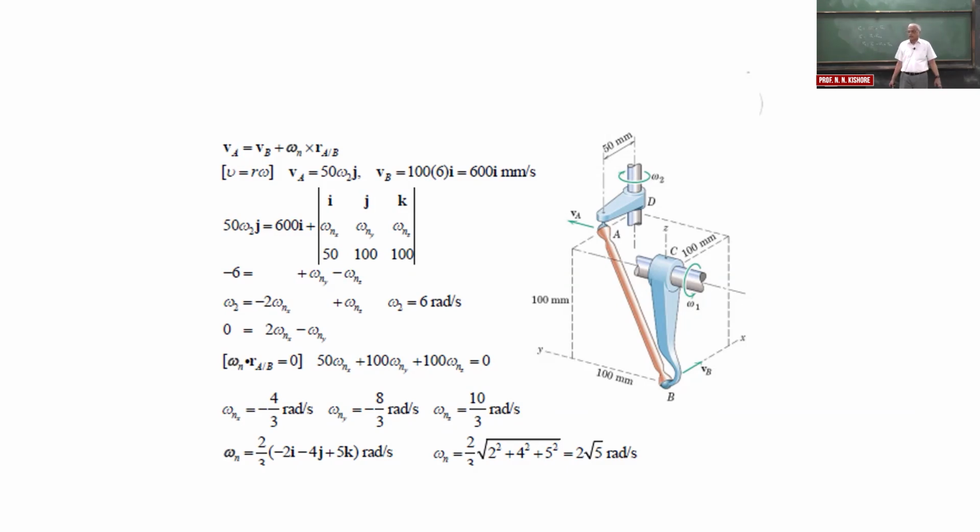That means it cannot have any angular velocity component along AB. So the dot product of omega n with RAB is 0, which leads to this condition. So you have 4 conditions and 4 unknowns, and you should be able to solve. That's what he solved. Okay, so we'll stop here.